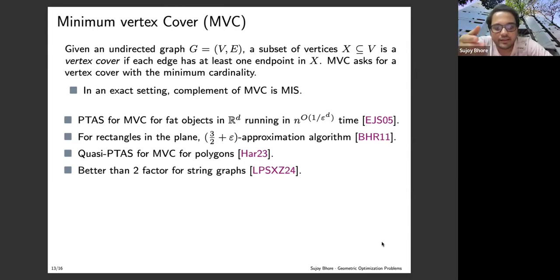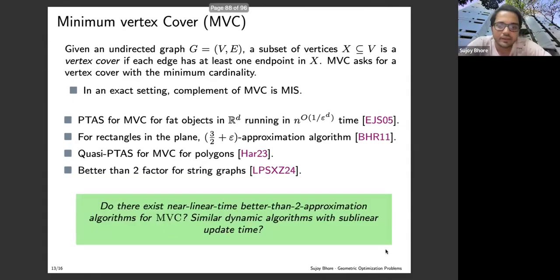Now we know there is a slightly better than two-factor approximation for string graphs. The question is: does there exist any near linear time better than two approximation for minimum vertex cover, and can we also get dynamic algorithms with sublinear update time, for what families of objects, of course.